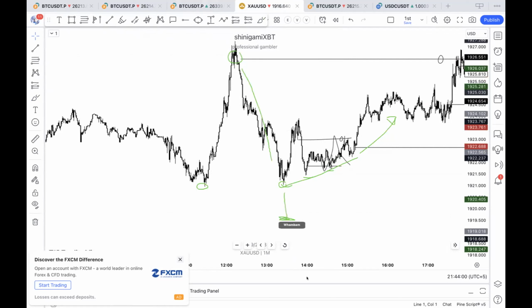So I would have hoped to see that the low has been held. It's almost an equal low, so we could anticipate it going up in price to here.